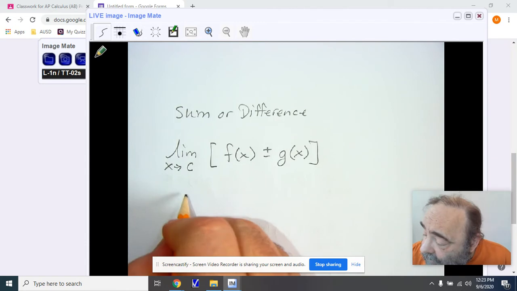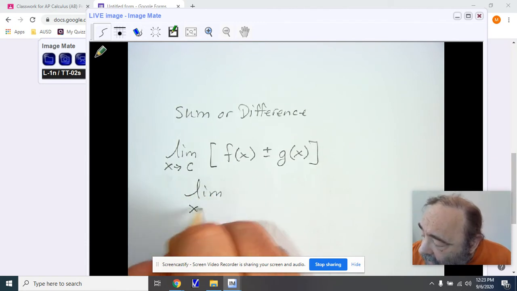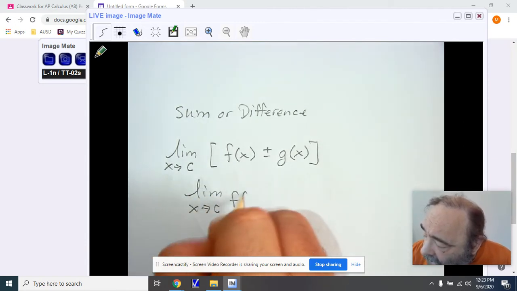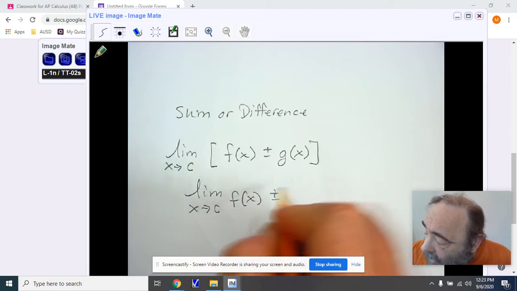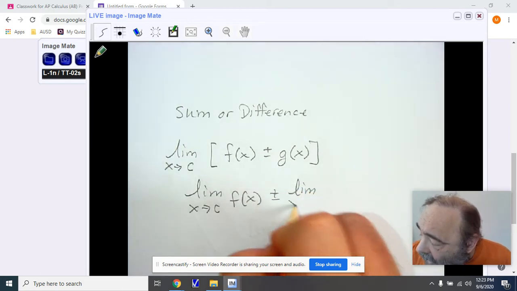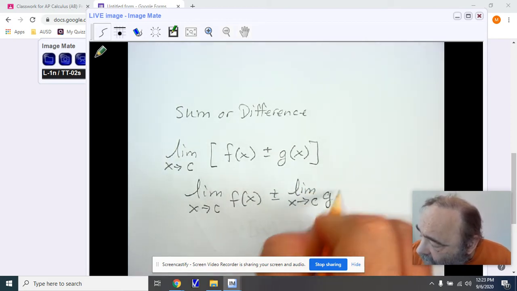That means that I have the limit as x approaches c for f of x plus or minus the limit as x approaches c for g of x.